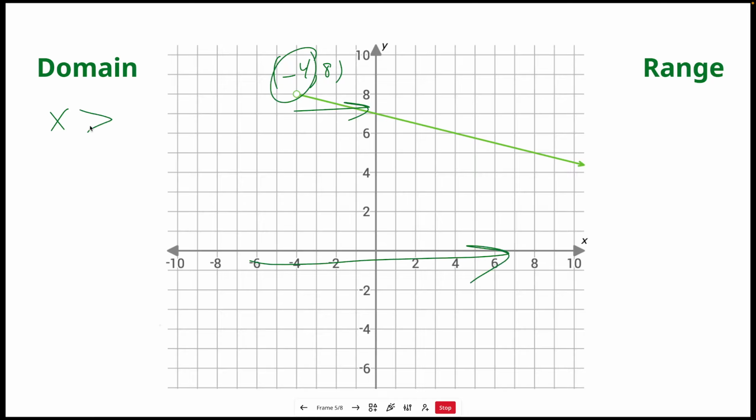So x has to be greater than -4. And for the range, y, starting from the 8, do we go up or down? Well, we're going in a downwards direction. And so y has to be less than 8, because those numbers are getting smaller and smaller.